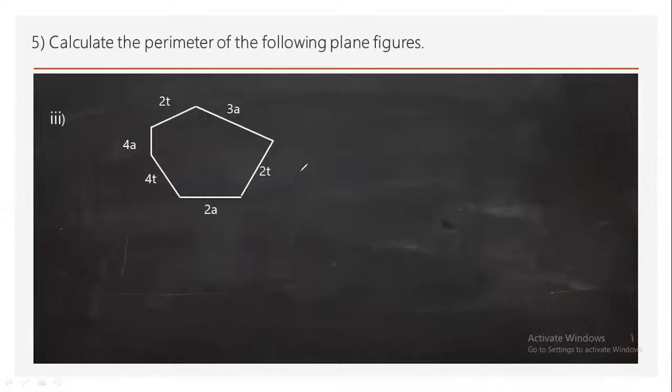Calculate the perimeter of the following plane figures. 4a plus 2t plus 3a plus 2t plus 2a plus 4t.